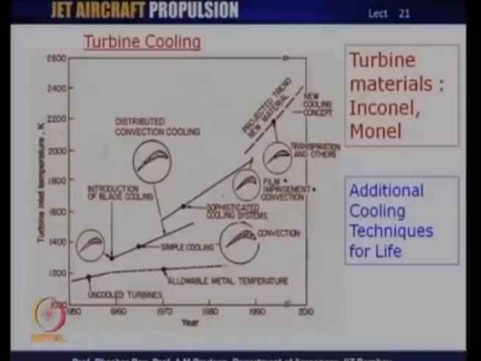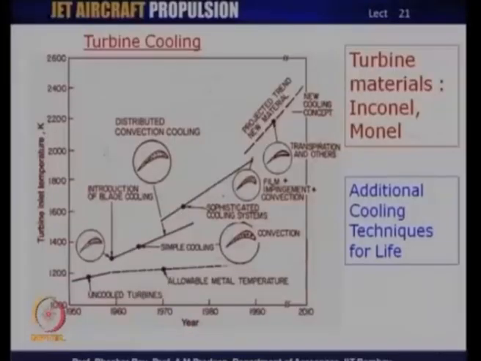One of the futuristic things that people have been talking about for almost 30-40 years now is the transpiration cooling, but it has not really been incorporated in the blades as yet, because it requires a new material technology development, which has not happened. So, this has been extended, and we have reached temperatures of the order of 2000 Kelvin, which is of the order of 1700 degrees centigrade as of today in turbine operation.